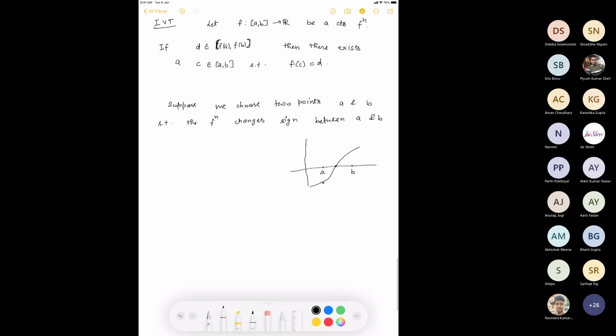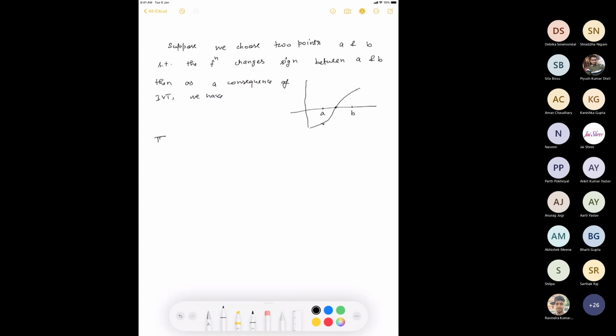So if f changes sign between a and b, then as a consequence of the intermediate value theorem, I'm stating this as a theorem again. We have f on [a, b] such that f has a different sign at a and b.